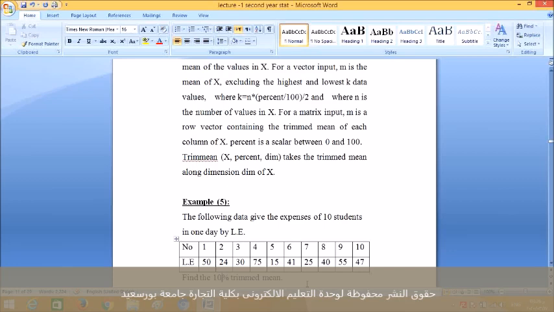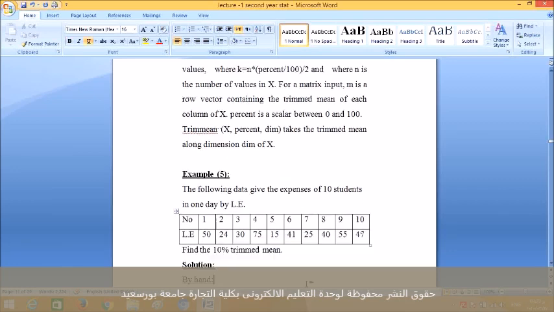Okay, so you have to use the trimmed mean if your data set includes some outliers in the right side and some outliers in the left side. In this case, you cannot use the mean, but you have to use the trimmed mean to omit the outliers or the extreme values on the two sides of the data set.